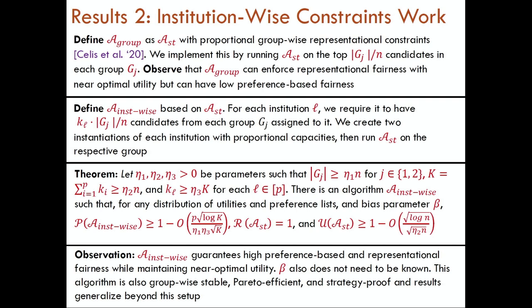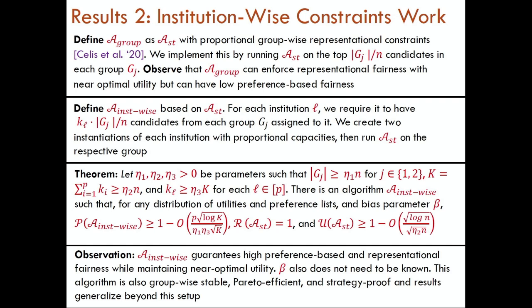Yeah, this is good. So if you look at the second block, we define an algorithm which is essentially a version of Gale-Shapley, where we now break the population into two different groups and consider two instances of this assignment problem where the capacity K sub L at the Lth institute is broken proportionately depending upon the groups.